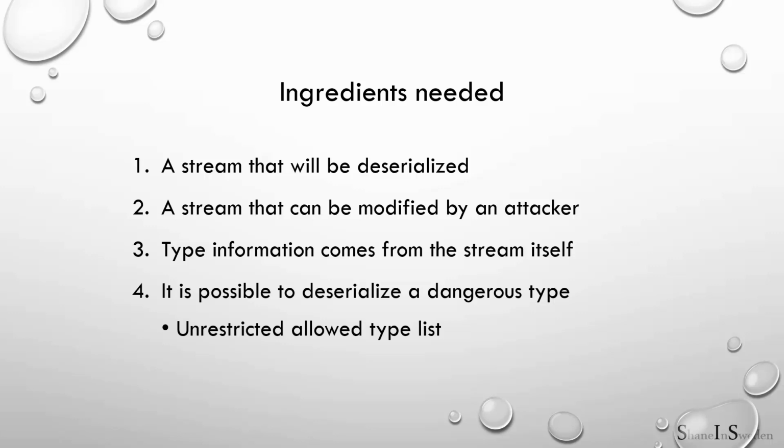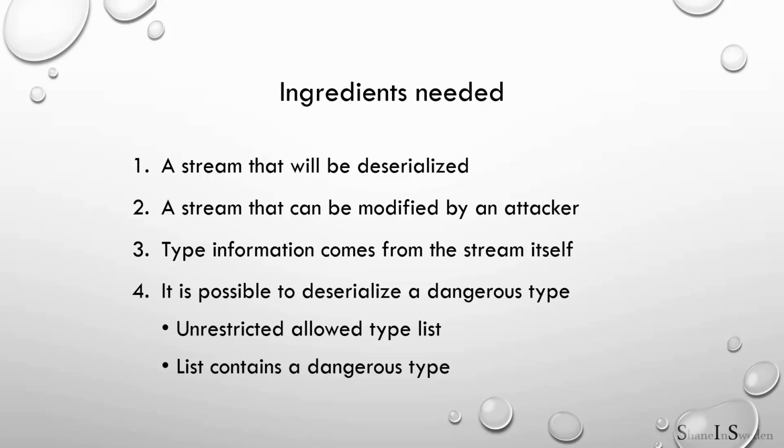So where we're allowing the deserialization of all sorts of objects, the attacker can choose a dangerous type to deserialize, or the actual constrained list that we have of types that can be deserialized itself includes a dangerous type. Okay, so we have 4 factors here, and if we can disrupt one of these things, then we can hopefully prevent a remote code execution attack.